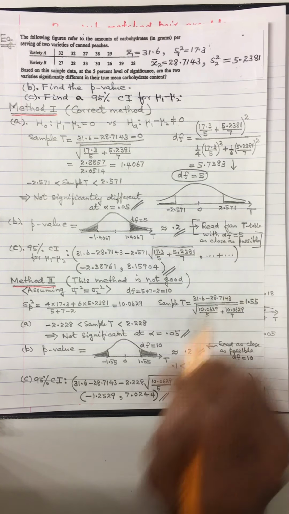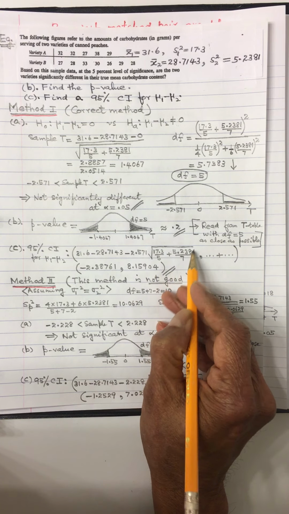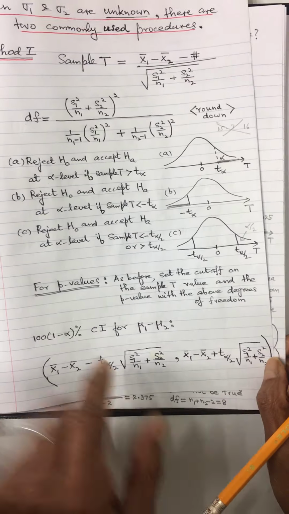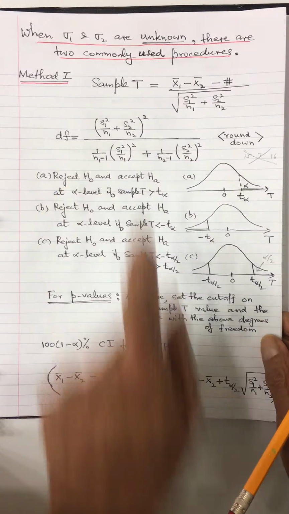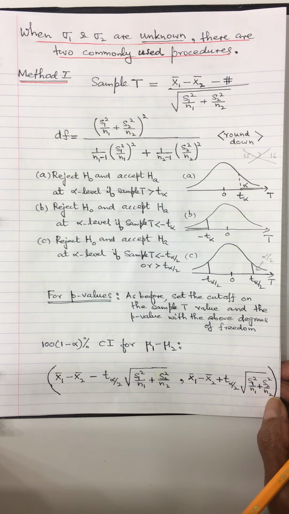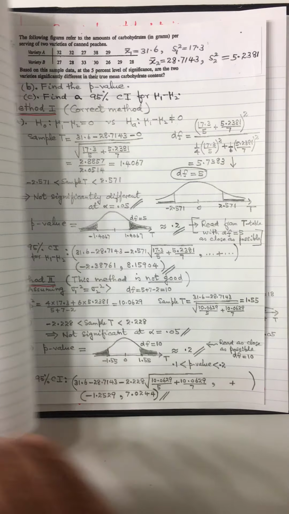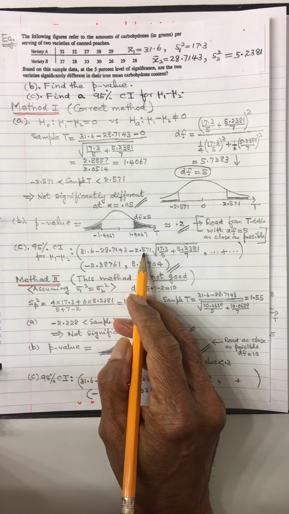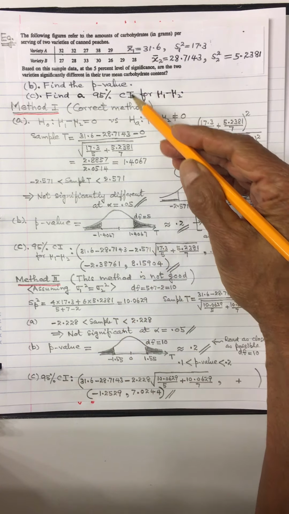Now the 95% confidence interval formula. In the formula here you are using S1 squared and S2 squared, because I am using this method. Put in those values with the table value for 95%.